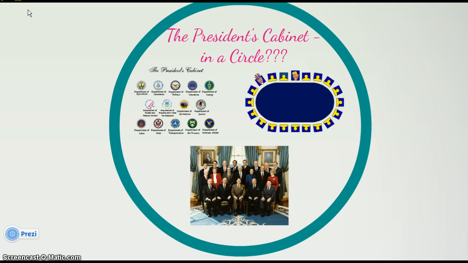And again, the word cabinet does not appear in the Constitution. Rather interesting, it doesn't. But we do find in the Constitution this wording, that a president may require the opinion in writing of the principal officer of each of the executive departments. So that's as close as we get to a cabinet. So presidents can require the opinion in writing. When we go back to George Washington's time, that is how it often worked.